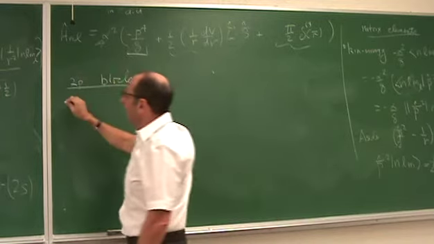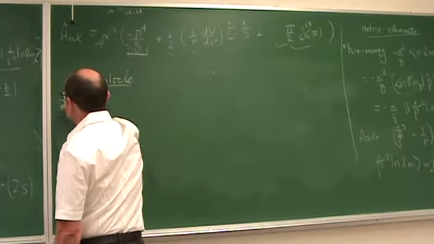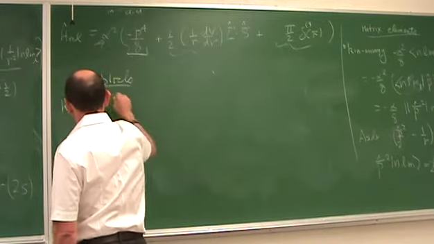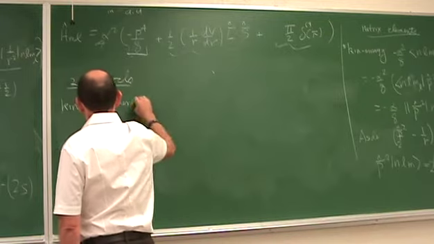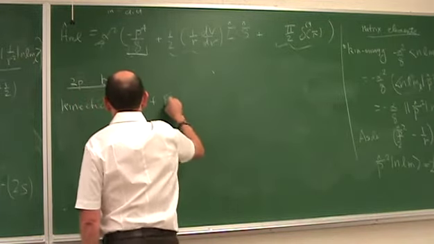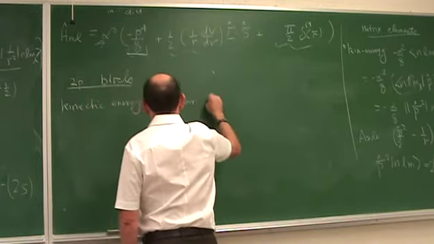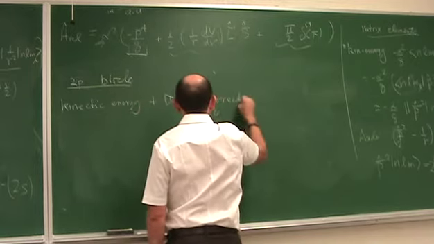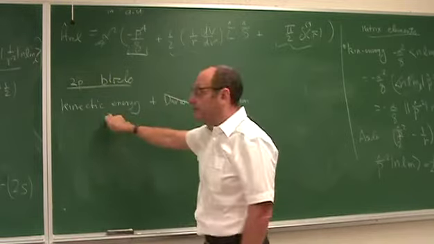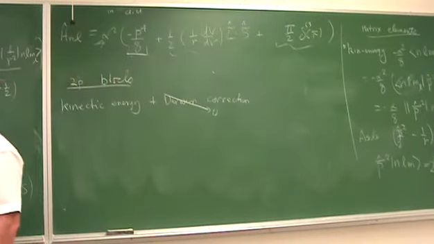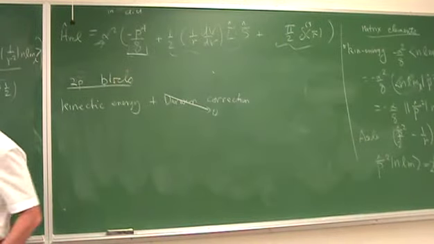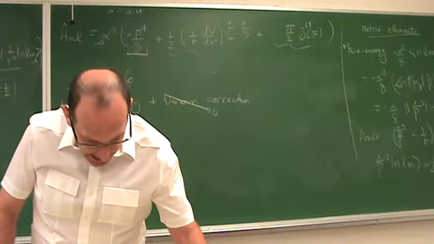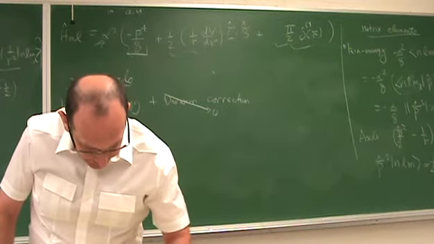So we can look at, first of all, the kinetic energy plus Darwin corrections, which we just calculated. Well, this is 0 for 2p. There's this term, and it's sitting over here. And we could put it in for L equals 1. And what do we get? We get something.